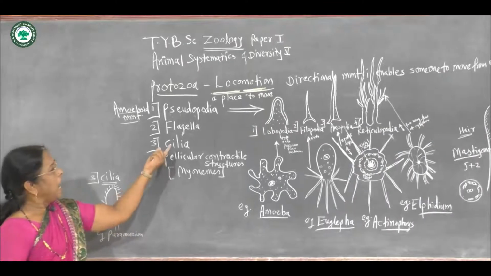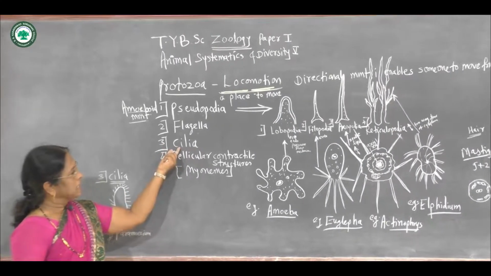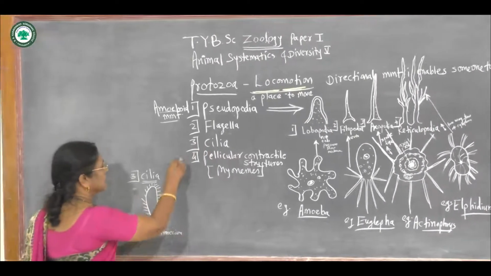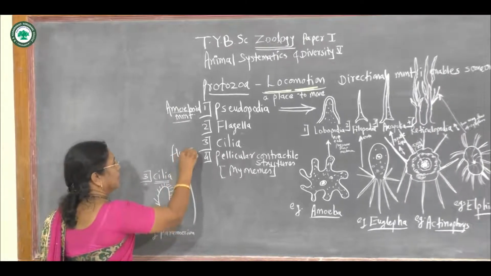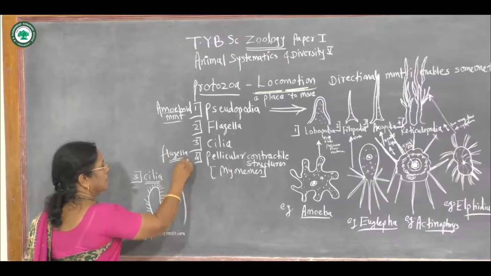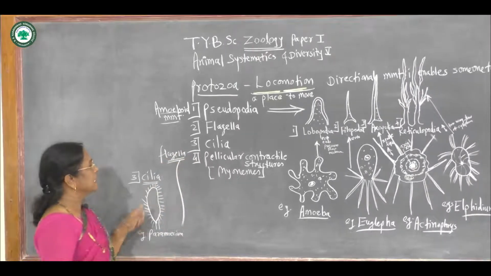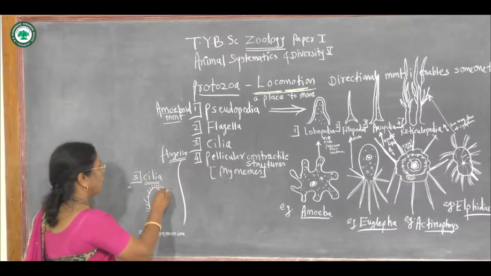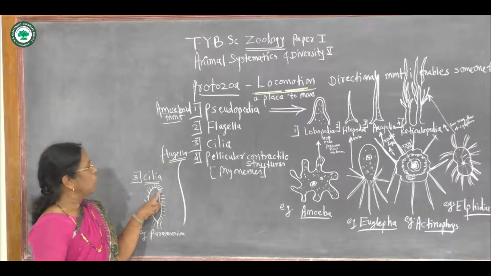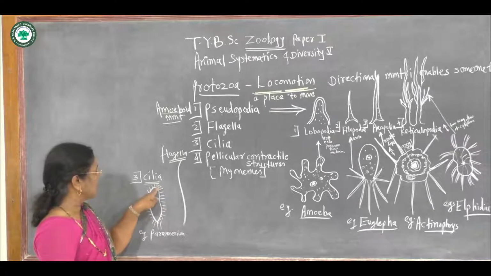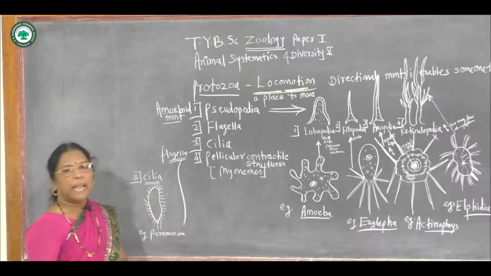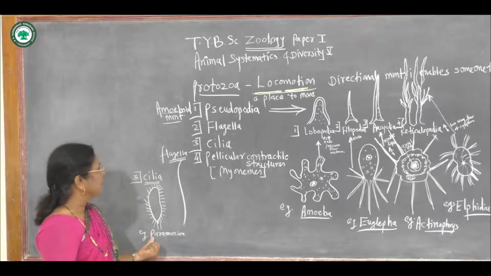Cilia are numerous, but they are short. What is the difference between flagella and cilia? Cilia are small and short, but numerous. They cover the entire body of the animal. Example, Paramecium.